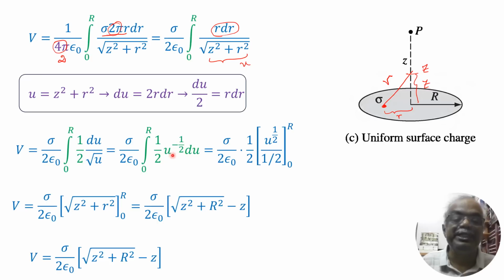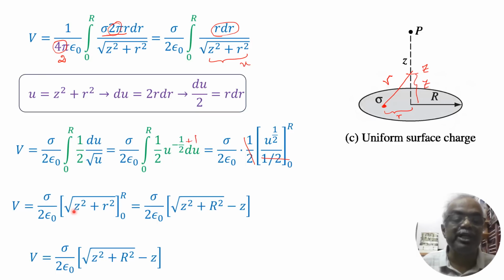Then if you integrate u power minus half, you have to add plus 1, so it will become u power plus half divided by half. So the half and half will get cancelled, and only u power half remains between the limits 0 to r.